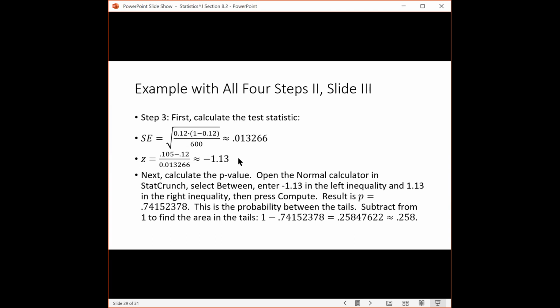That's actually not terribly far, right? So one standard deviation, if you remember, the probability of being within one standard deviation of the center of a distribution is about 68%. So this number is going to be pretty large with only getting a z-score of negative 1.13.